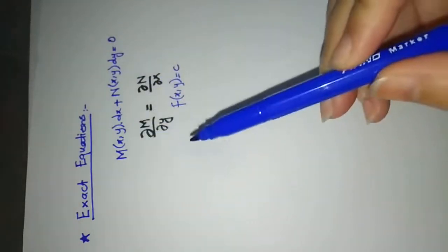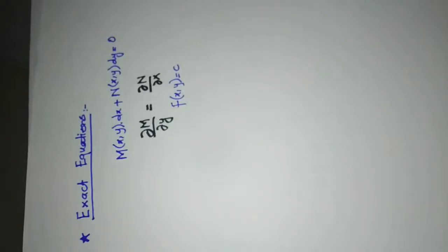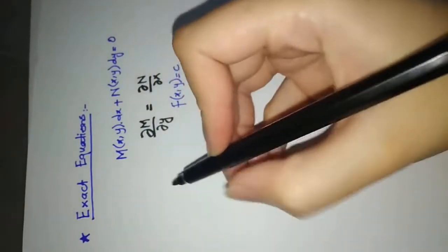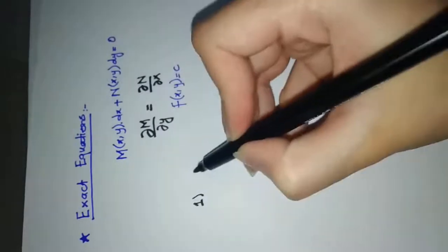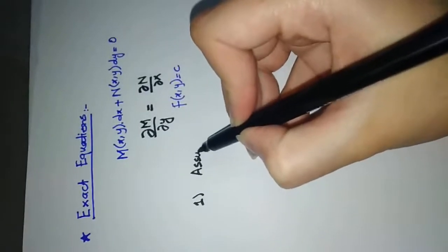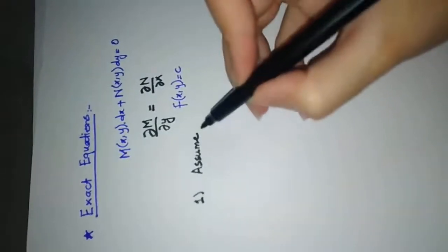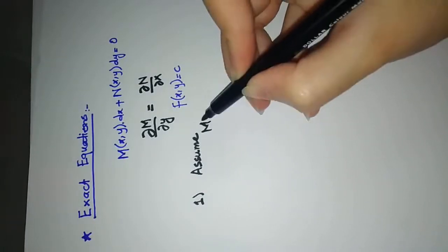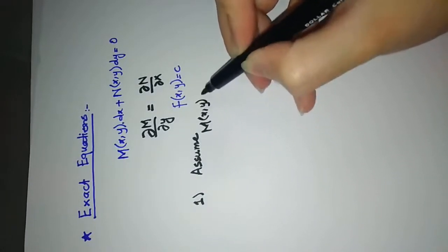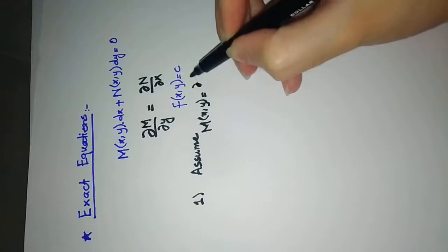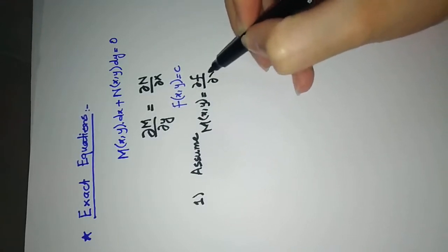Okay, I will tell you the first procedure. Step one is to assume M of x, y equals partial f by partial x.